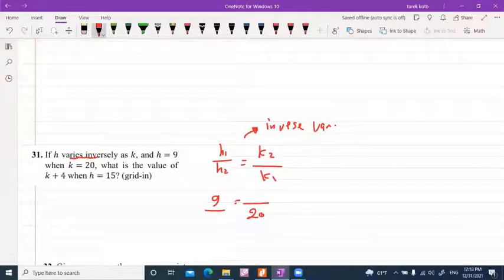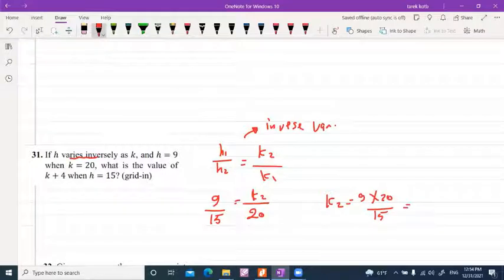What's the value of K plus 4 when H equals 15? Here H is 15, and we try to get K2. So K2 equals 9 times 20 over 15, which gives 36 over 3 over 5. Divide by 3, and by 5, so it will be 12.